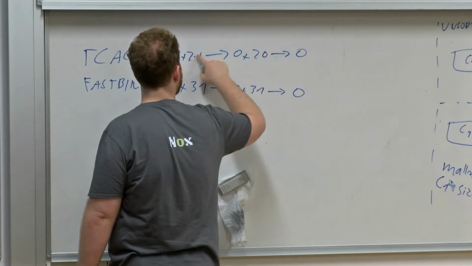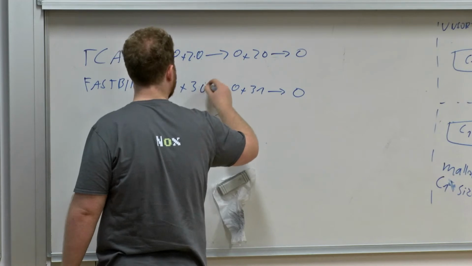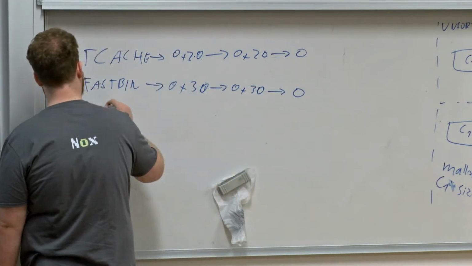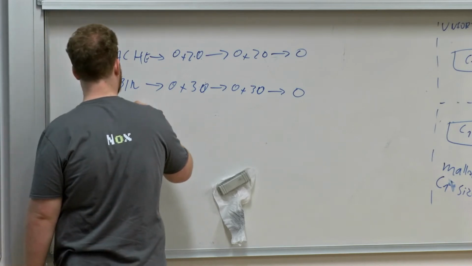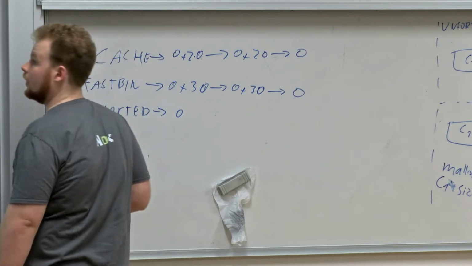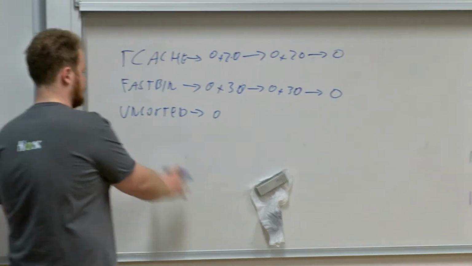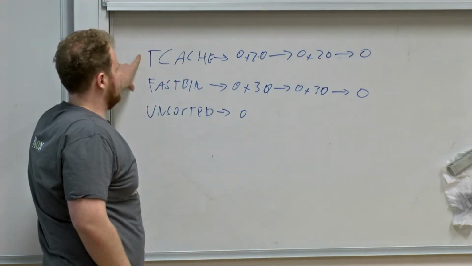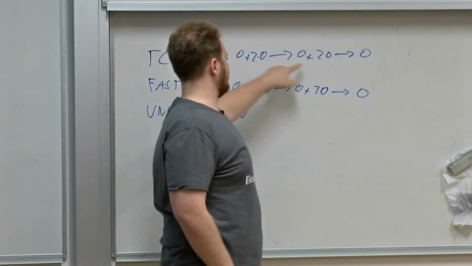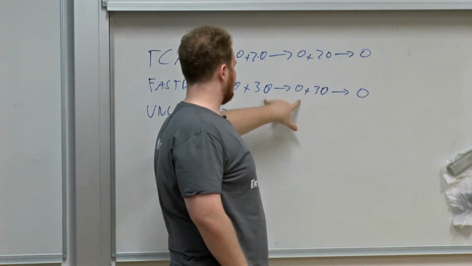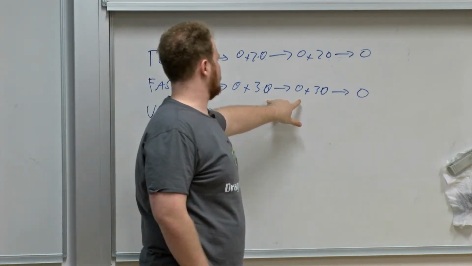Here should be zeros. That's not correct. Okay, and then the unsorted is null. So this is the scenario. Let's say you have this list. So what does this mean? Tcache has 2 chunks in it, and both are size hex 20. Then fastbin has also 2 chunks in it, but both of them are hex 30.